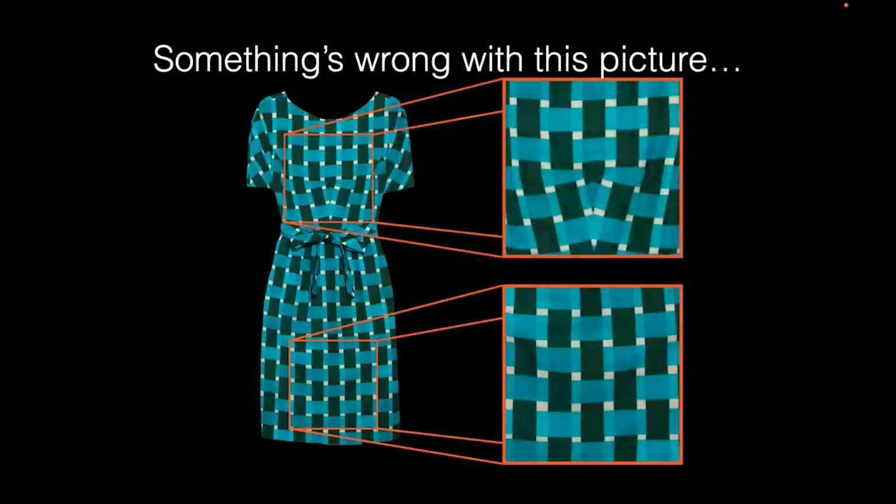But then we get to the top of the dress, and something really weird is going on here. In this piece of the dress, we have one obvious symmetry: bilateral symmetry, so just one mirror down the center.